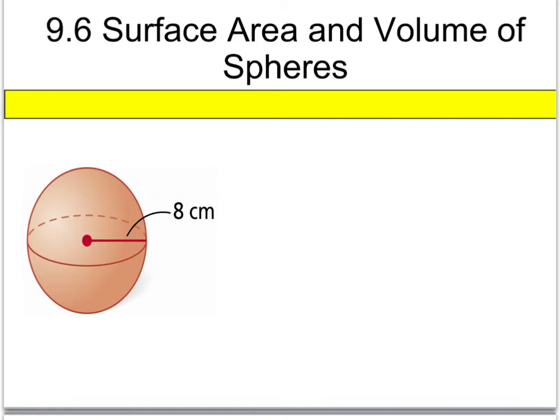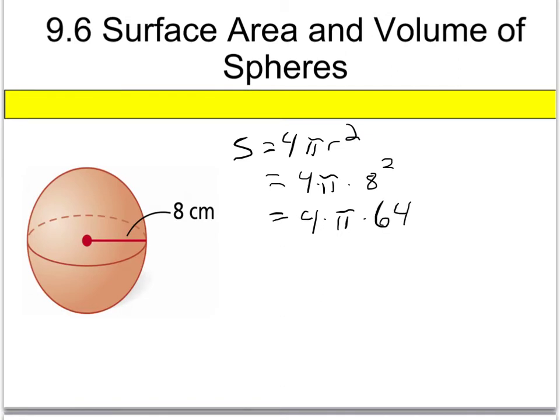Alright, using that same formula of surface area is equal to 4 pi r squared. This time, the example gives you the radius. It gives you that radius of 8, so we're going to plug 8 in for your r. So you get r squared, multiply r times r, or 8 times 8, and you come out with 64.